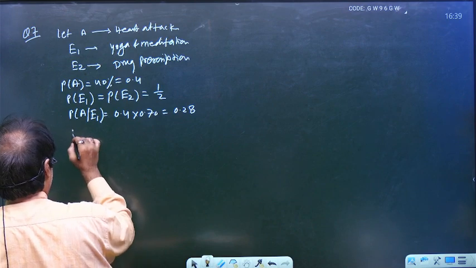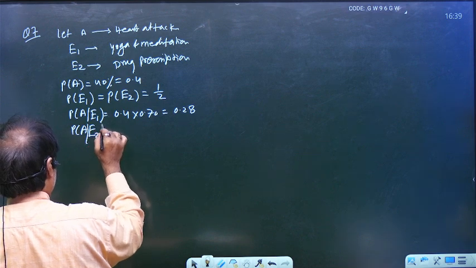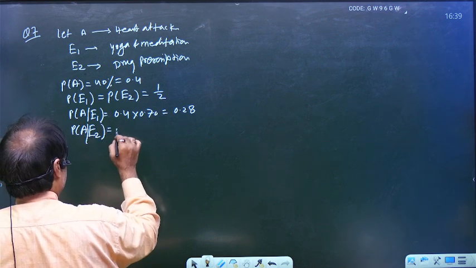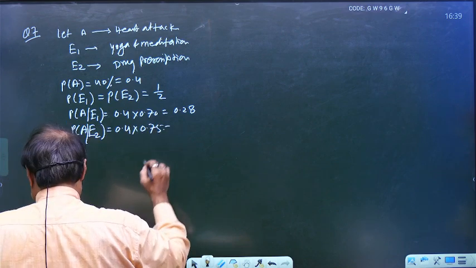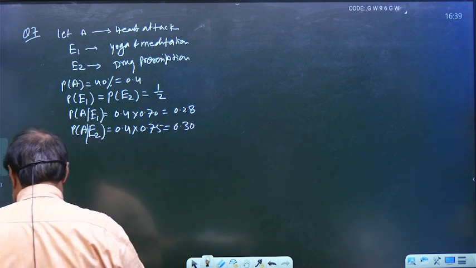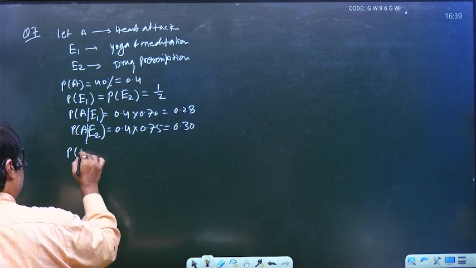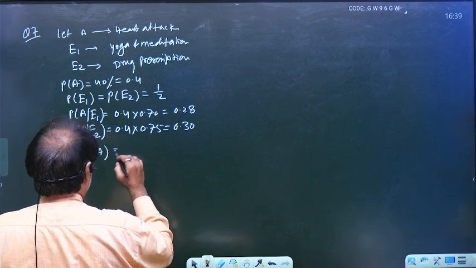And probability of A given E2 is 0.4 into 0.75, which is equal to 0.30. Now we have to find the probability of E1 given A, so apply Bayes theorem.